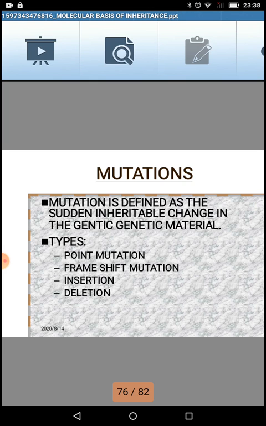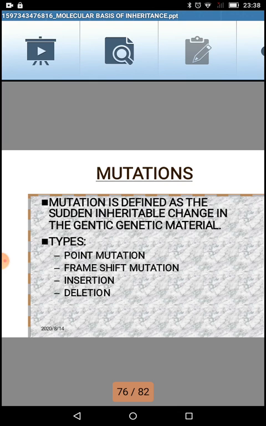That means after the replication of DNA has been done, there are systems that inspect the replicated DNA, find out if any discrepancy has occurred, and rectify it. It will cut that particular portion and join the remaining DNA. So even after the replication, we have a repair mechanism.